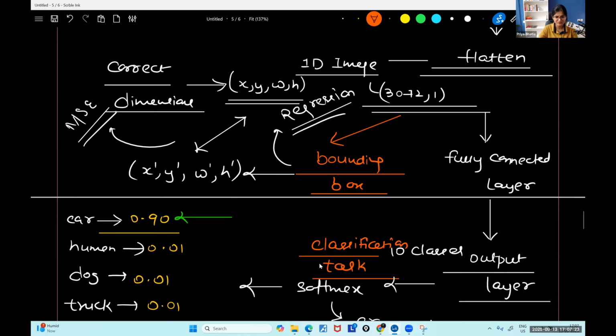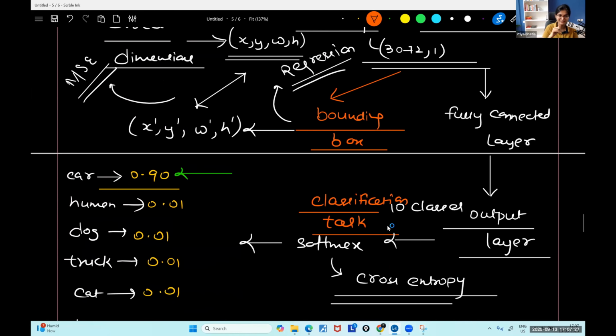It's kind of classification plus regression that we are doing. Classification to classify which specific class it belongs to, regression to create the bounding box. Finally, we will add these two loss functions together. So for the very first time, we are seeing that the classification-based loss function and the regression-based loss function work together to give us the final result.